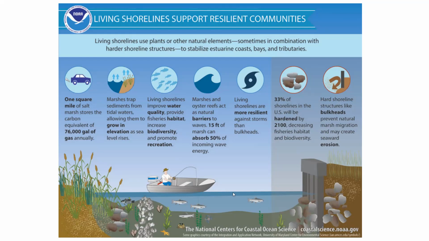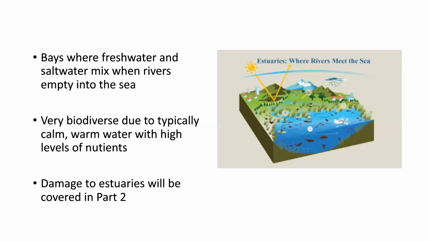I'll admit it's not quite to the extent that a lot of these hardened shorelines can protect, but it does a pretty good job, and it provides those additional advantages as well. So like I said, storms are a big reason, but we can get some of that benefit with these living ones, while also maintaining the environment and those ecosystems.